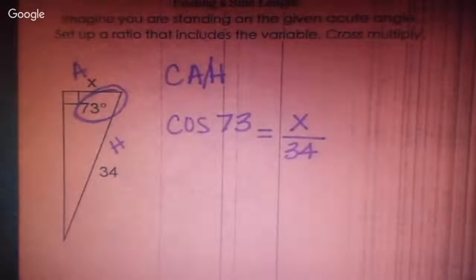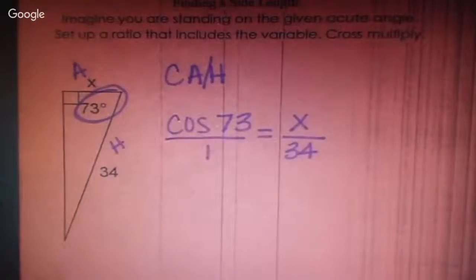The easiest way to do this is now set up a proportion and cross multiply. In order for us to have a proportion, I need two fractions. How do I make the left side of my equation a fraction? Over 1. Why do I put it over 1? Why can't I put a 2 there?